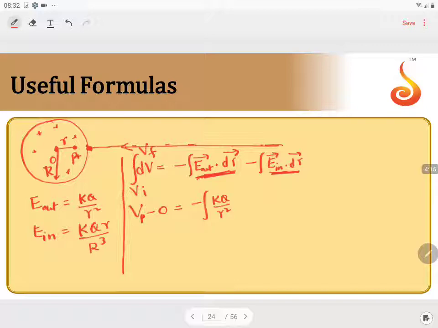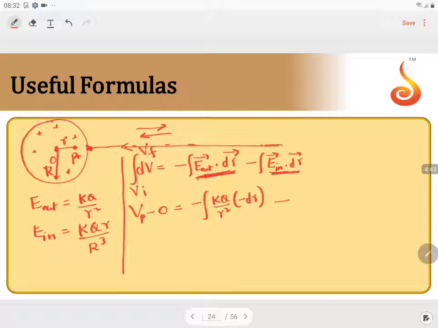What is the angle between electric field and dr? 180 degrees. Because if it is a positive charge, electric field will be outward, but displacement will be inward. That's why E dr cos 180 gives minus dr.